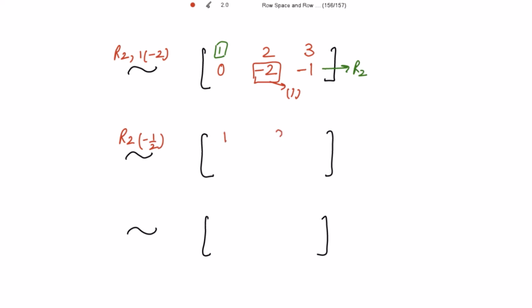So writing the first row as it is, and elements of row 2 multiplied with -1/2, that is 0, and here we get 1, and this is 1/2. So 0 multiplied with -1/2 we get 0, -2 multiplied with -1/2 we get 1, -1 multiplied with -1/2 we get 1/2. To make this our leading element, we need to make this 0 now.